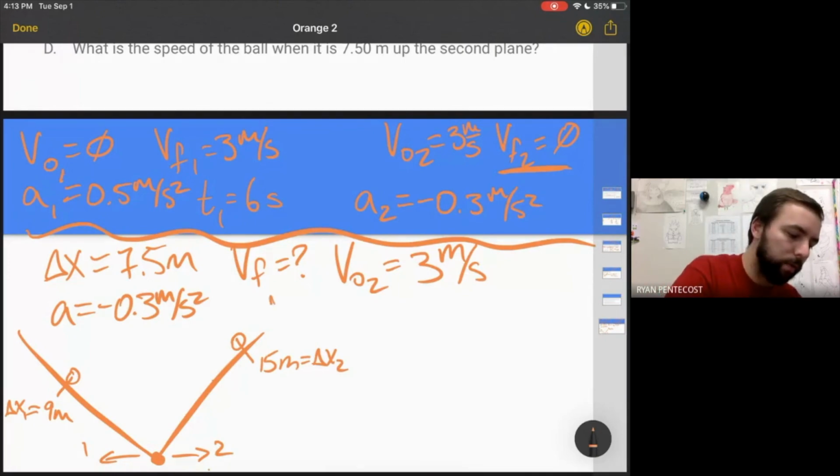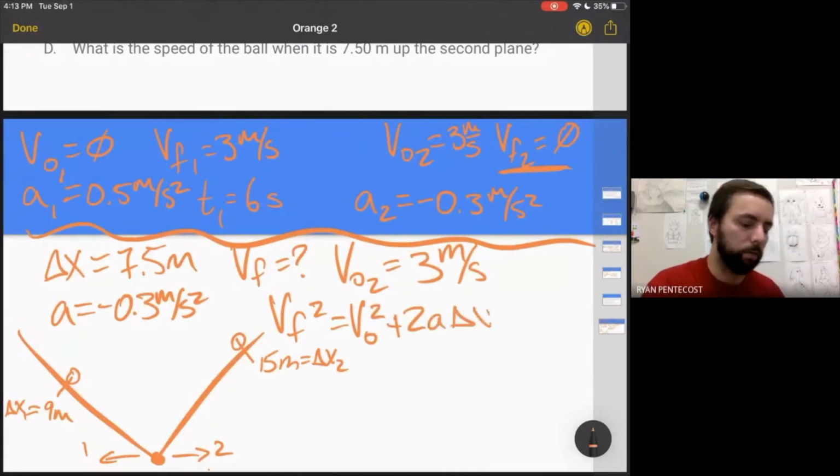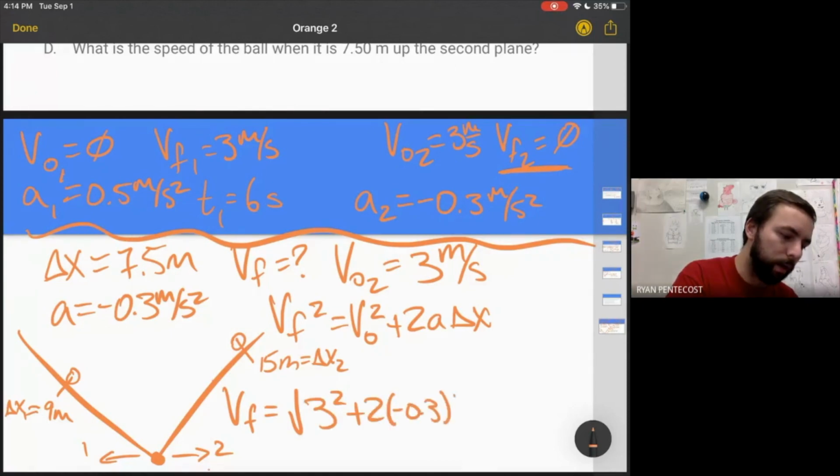We have V final squared equals V naught squared plus 2a delta x. Let's see, we have no zeros, so we can't cancel anything out, but everything is solved for us, right? It's already solved for VF. You're just going to square root it. So VF is the square root of 3 squared plus 2 times negative 0.3 times our new delta x, 7.5, all into the square root.